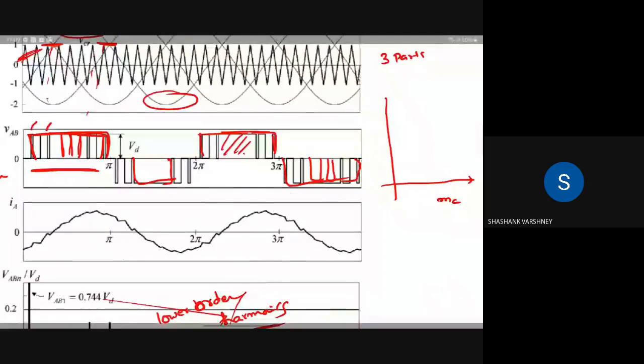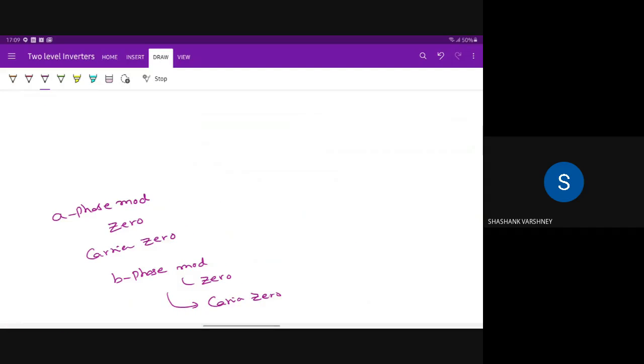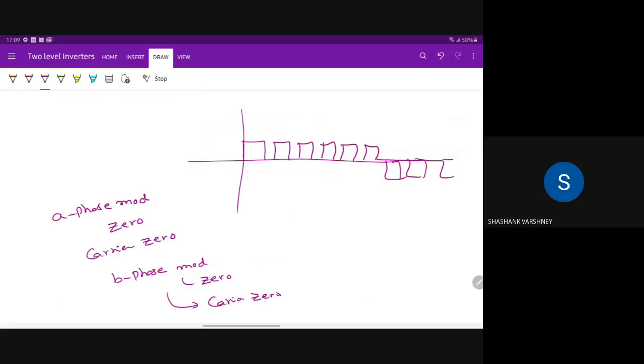Sir, while lower order harmonics are increasing, see, earlier the waveform is something like this, right? So this is the waveform. Now what will happen? The intersecting points are reduced. You have this large pulse here and some smaller pulses here.